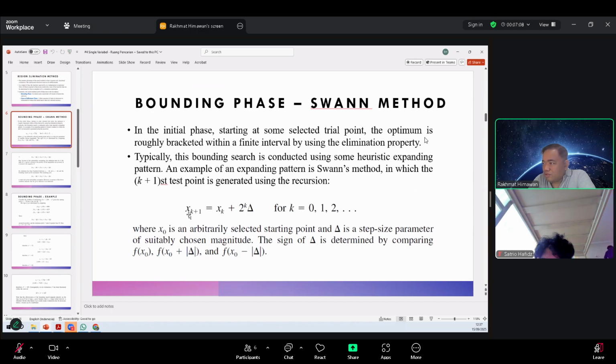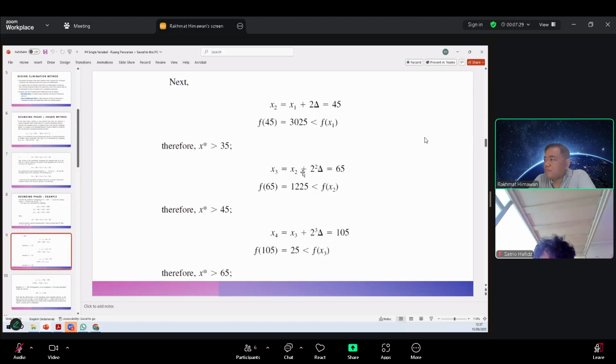K is 2, so x3, which is from k plus 1, equals x2 plus 2 to the power of 2 multiplied with sigma. Then putting in what x2 is and what sigma is, we get 65.